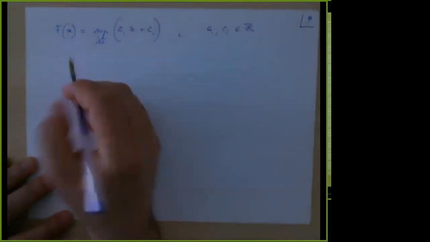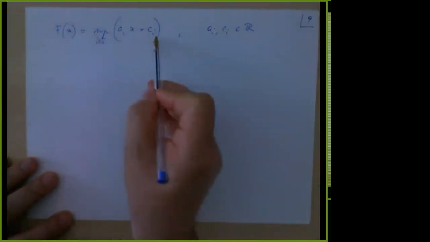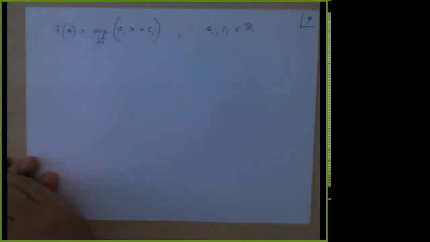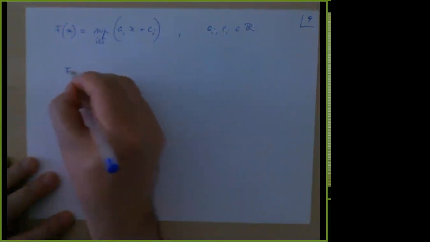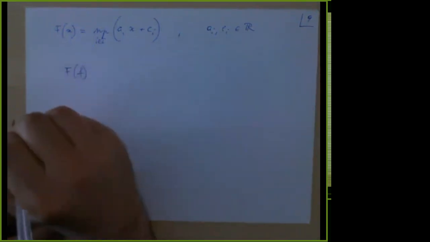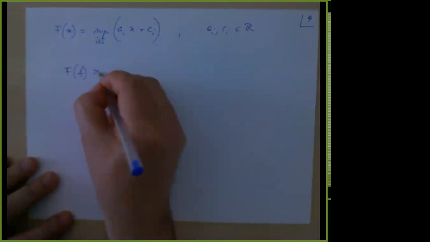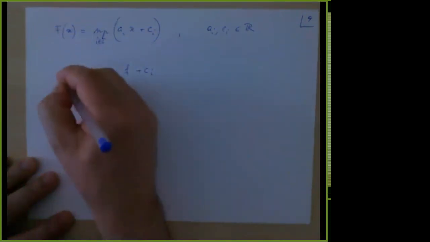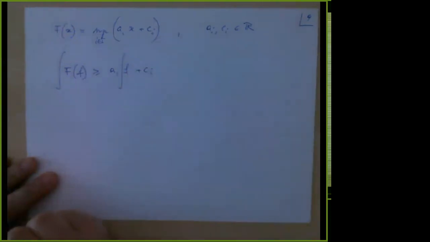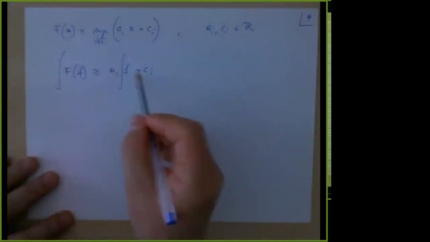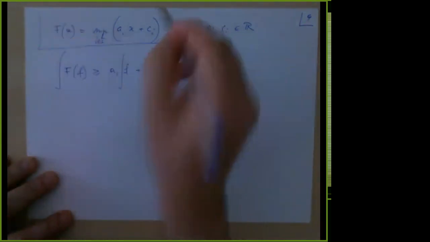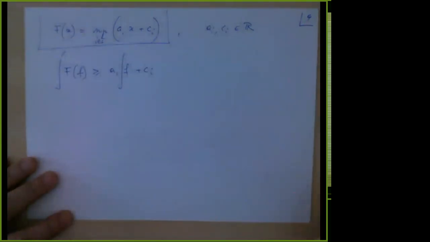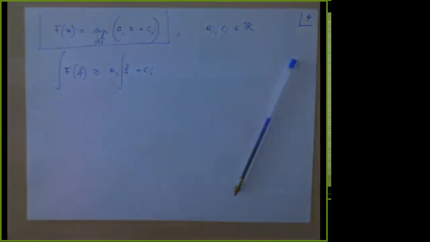So pointwise for each x, we can write this. Then the idea is just to write pointwise the inequality for ai x plus ci, take the integral on both sides, and then take the supremum to recover f. So this identity is not trivial at all. The rest is essentially a triviality.